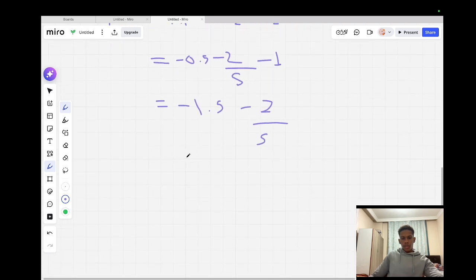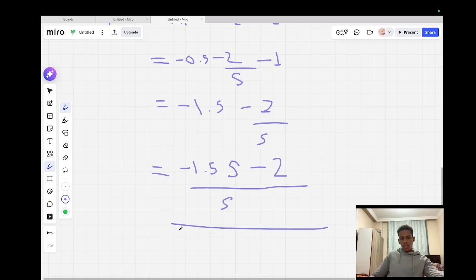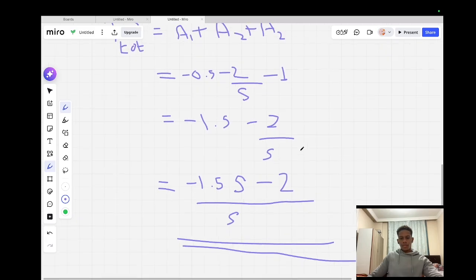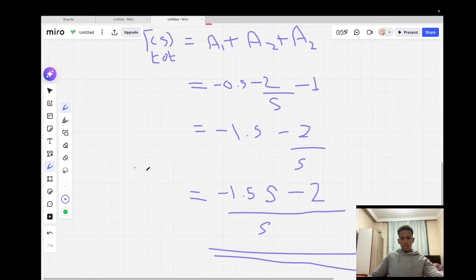So it will be minus 1.5 s minus 2 over s. So this is the transfer function T of s.